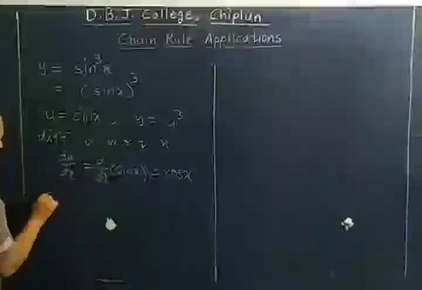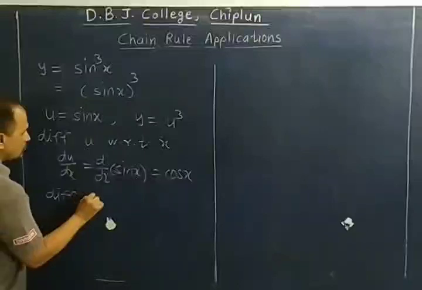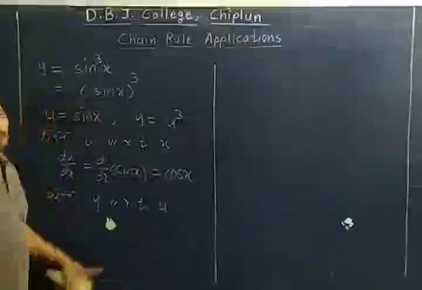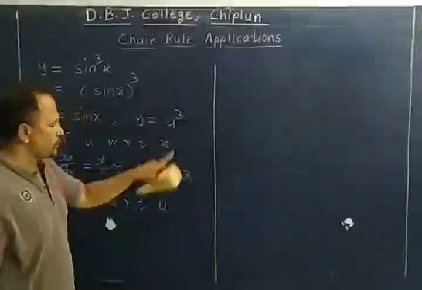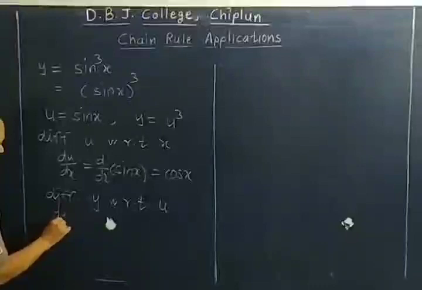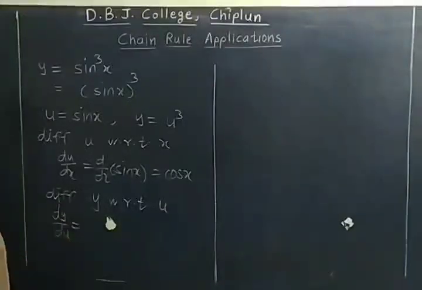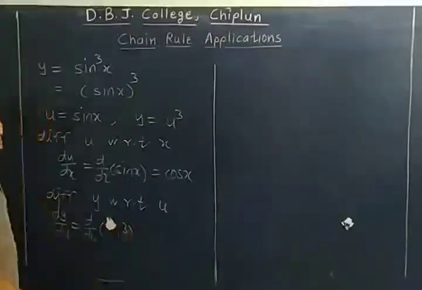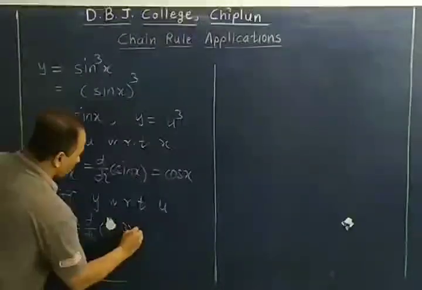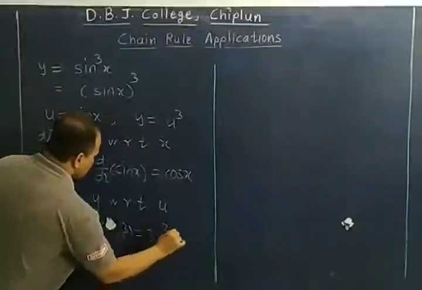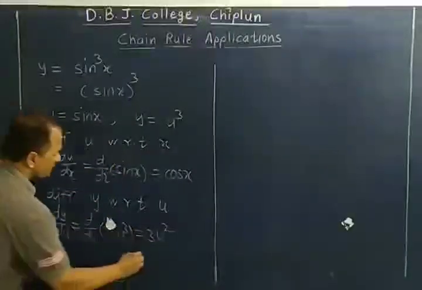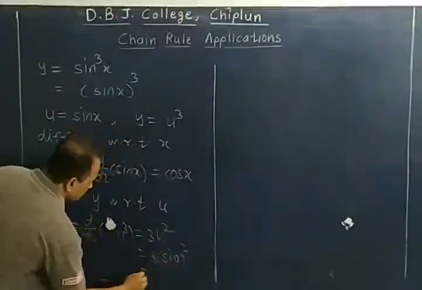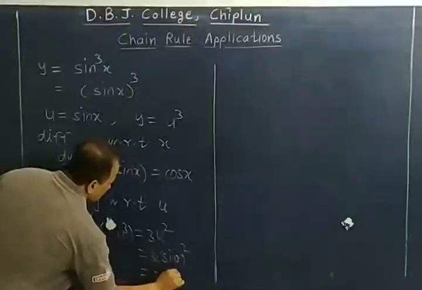And y, differentiating y with respect to u, because y is function of u, we get dy by du is equal to d by du of u cube. Derivative of u cube using formula list is 3u square. But u is sin x, so this is 3 into sin x square, that is 3 sin square x.